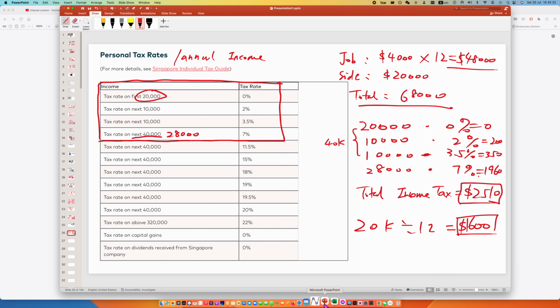You just take the relief that he can get. He has a wife, so there's a wife relief, 2,000. He has 4 children, one child is 4,000, so times 4. Plus 5,000 times 2. And there's CPF contribution, which is 20%.